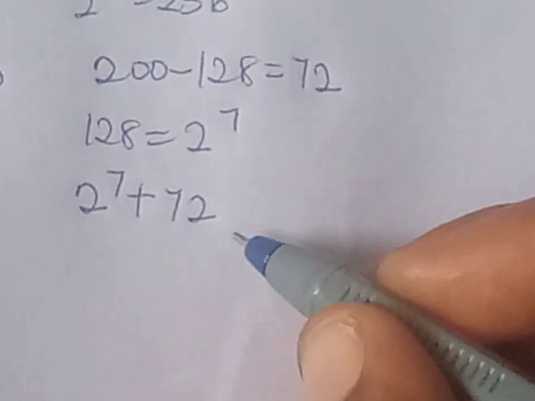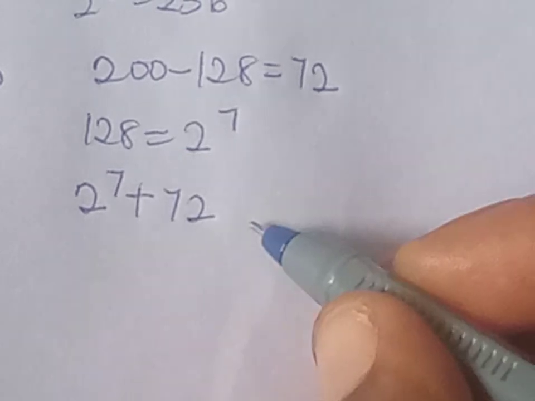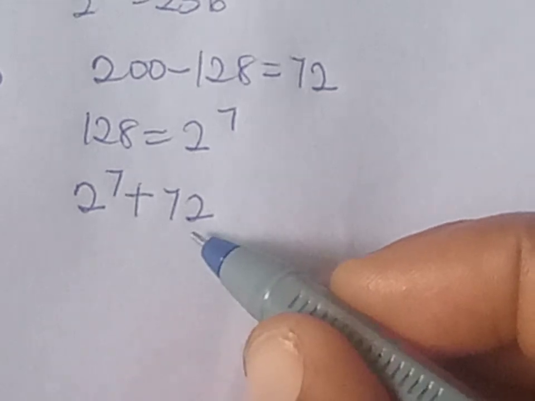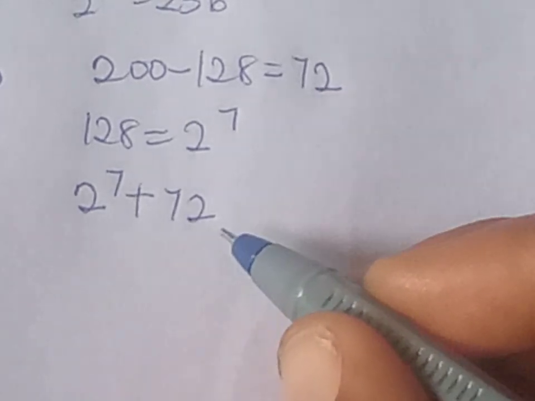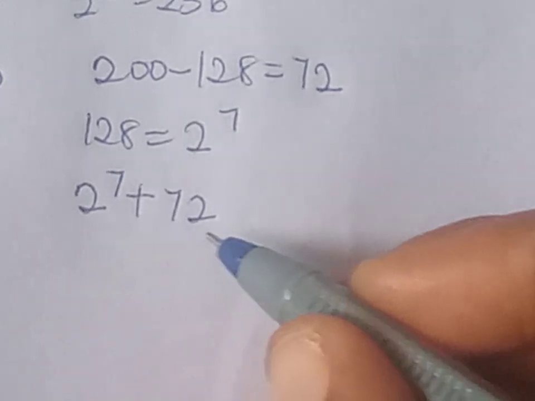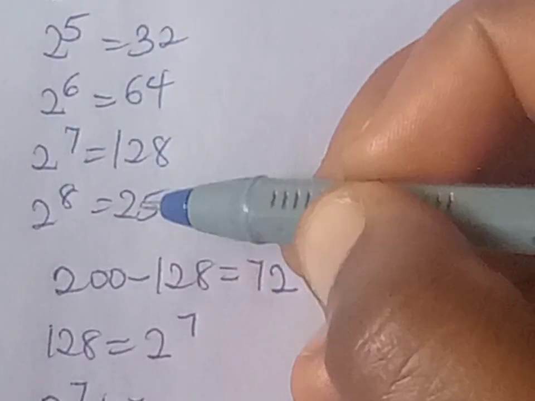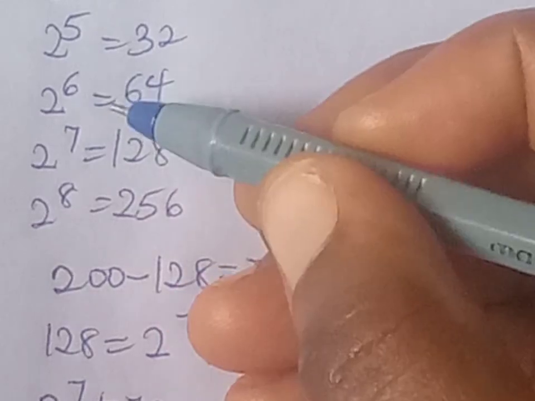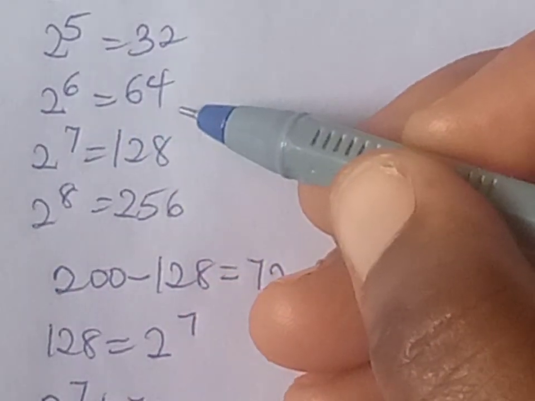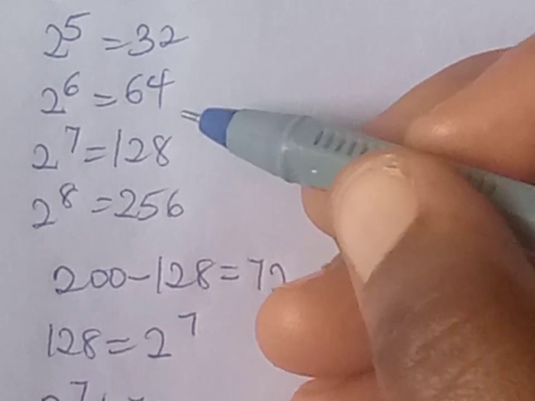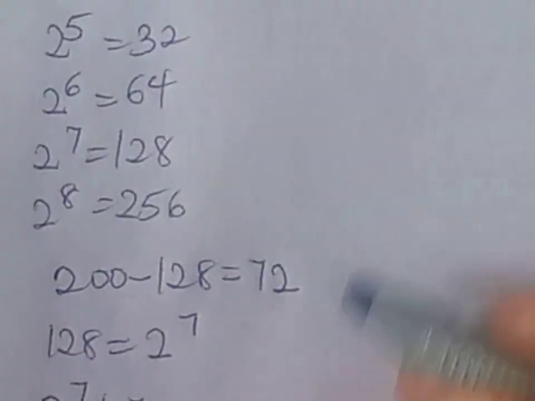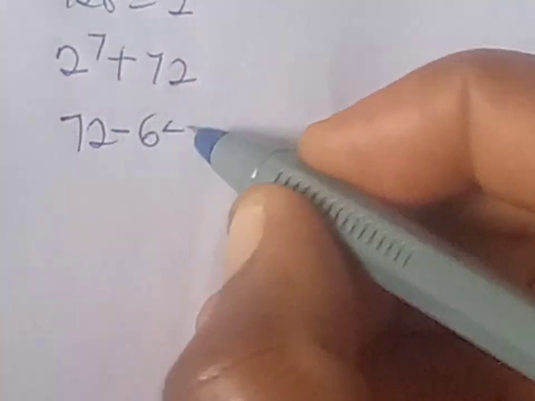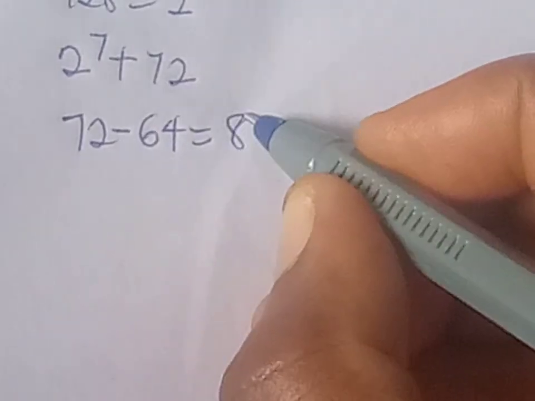Now let's break down 72 into powers of 2. Let's take a look at this 72. What is the largest power of 2 that is less than or equal to 72? From our list, 64 works because 2 raised to the power of 6 equals 64. So let's subtract 64 from the 72. So 72 minus 64 will give us 8.